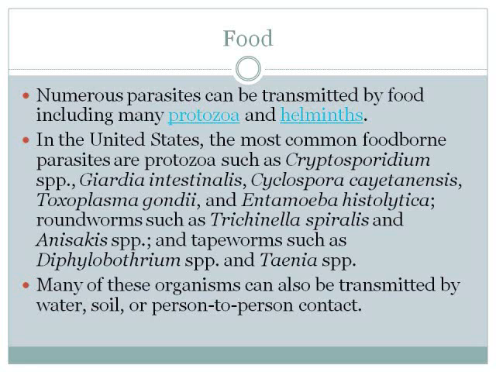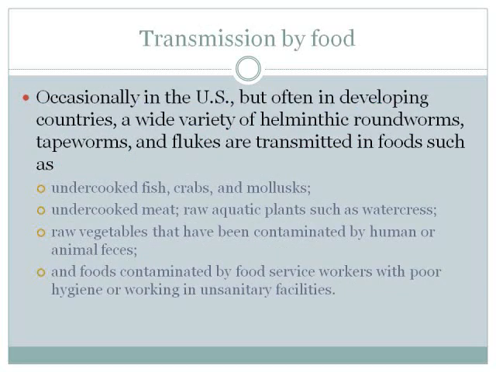Transmission through food is typically from undercooked fish, crabs, and mollusks, undercooked meat, raw vegetables, and food contaminated by food service workers with poor hygiene working in unsanitary facilities. So if downtown you're looking for a cheap restaurant, you may pay a price in terms of acquiring some parasites there. I also noticed that some things are not regulated by the FDA.